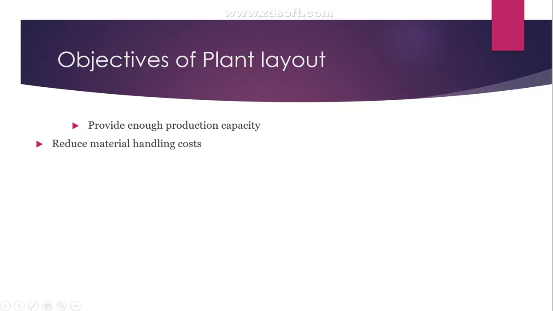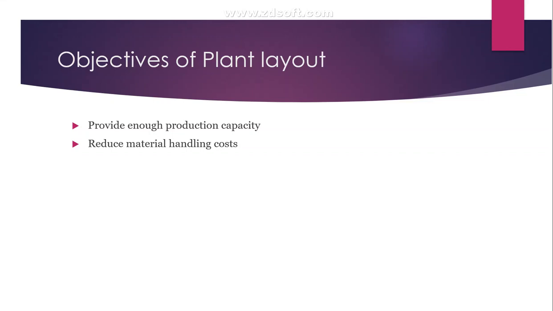Okay, next is reduce material handling. Material handling is an art, or a science we can say, that deals with the movement of materials within the plant layout. For example, when we receive raw materials into a plant, they have to be treated in terms of quality, and we need to know when the materials have to be put in the equipment for the converting process.